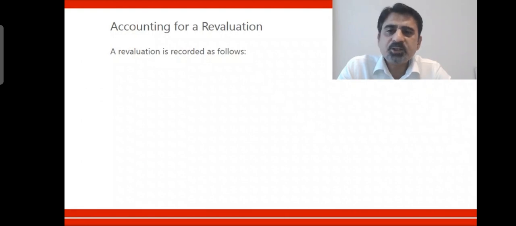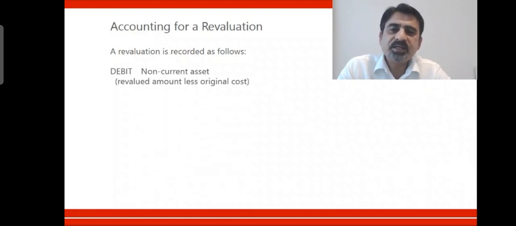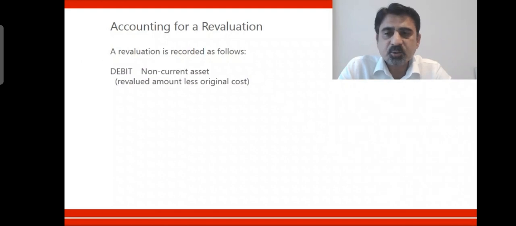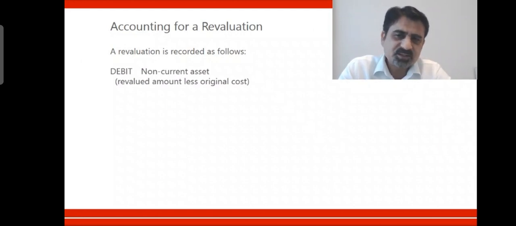So a revaluation is recorded as follows. You say debit the non-current asset, which means that there is an increase in the value of the non-current asset, and that increase you charge. So you see the revalued amount less the original cost, not the net book value. And I will show it with the help of an example. Actually, you will understand it better. So just see the entry, and we will come back to this double entry again.